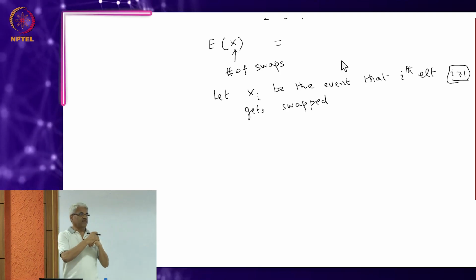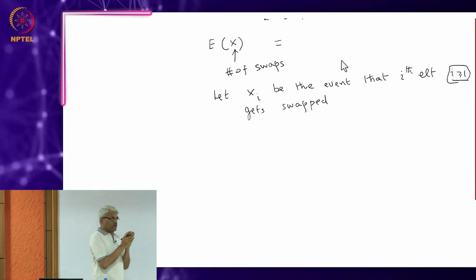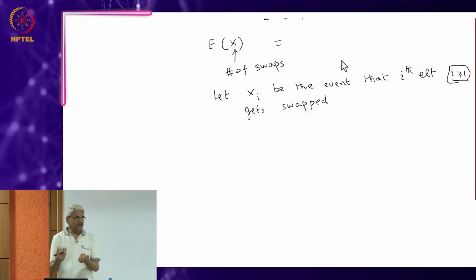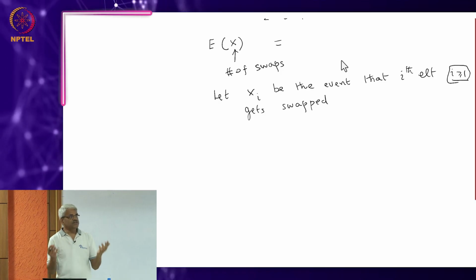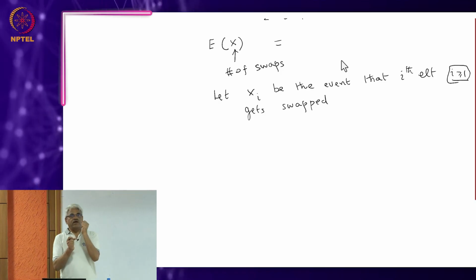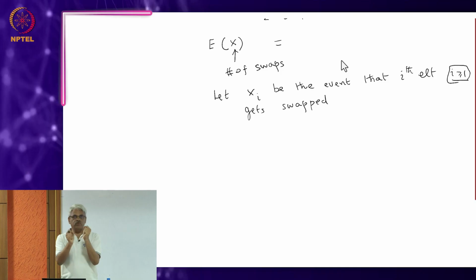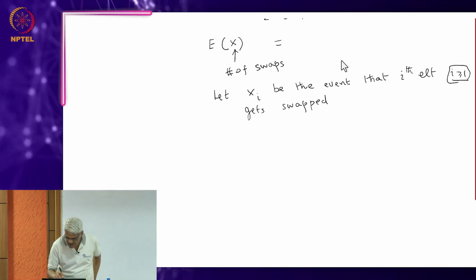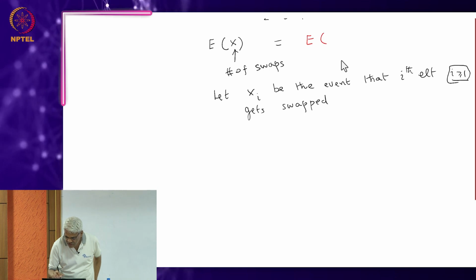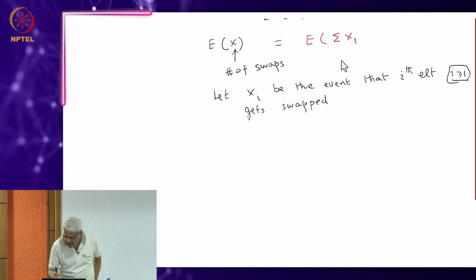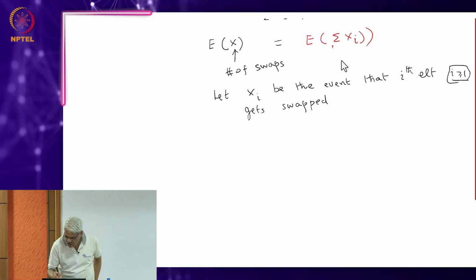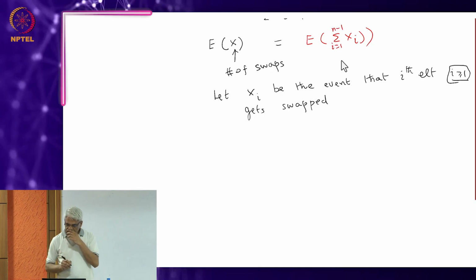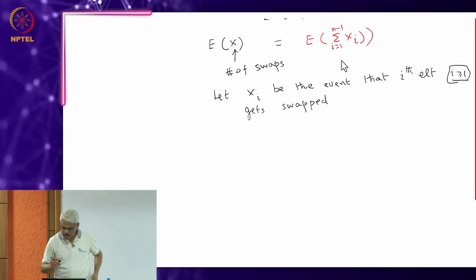Summation over xi, right? Because x is a random variable, xi is a random variable. So x is simply the summation over xi, because x1 is swapped plus x2 is swapped plus x3 is swapped, and we know linearity of expectation. So this is basically E of the summation over xi, i going from 1 to n minus 1.